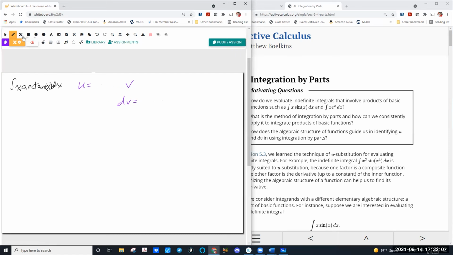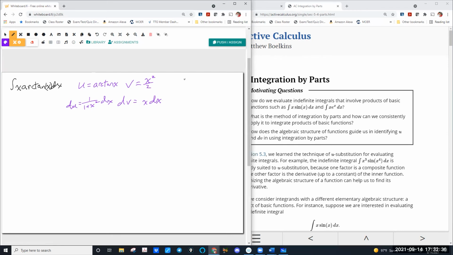So when we go to do this, we're going to let u be arctan of x, and dv is going to be x dx. Now, of course, when we find v, it doesn't get simpler because the antiderivative of x is x squared over 2, but that's okay because we know the derivative of arctan: that's 1 over 1 plus x squared dx.